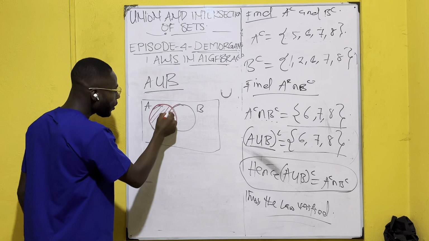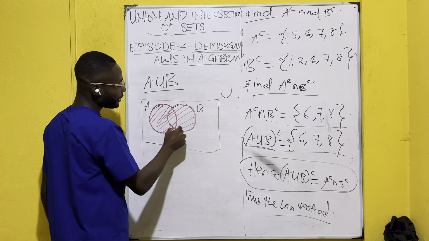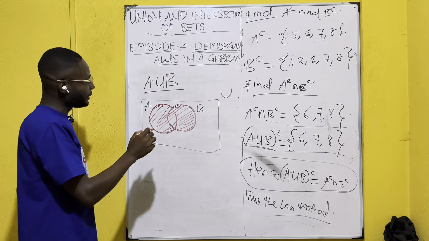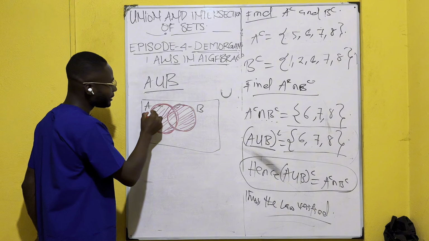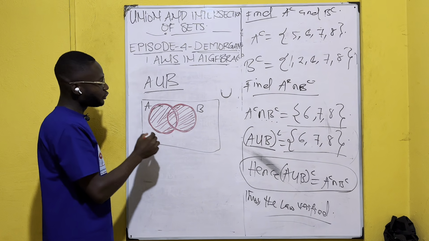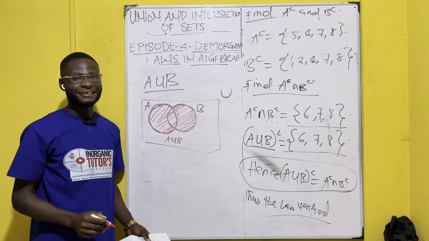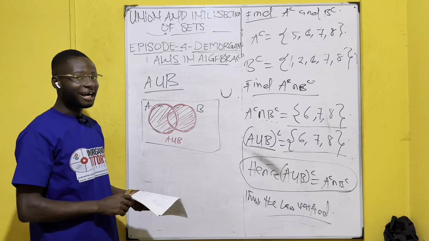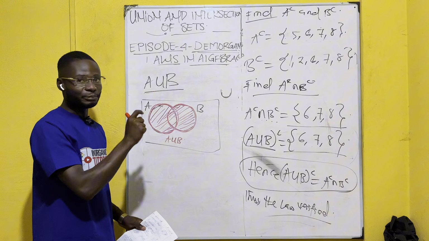Now, the whole of this as well is for B, so we shade this section. So this means that A union B covers the whole section of set A, and it also covers the whole section of B. So we call it A union B. That is so powerful, right? This is senior high studies. So this is the representation of A union B.